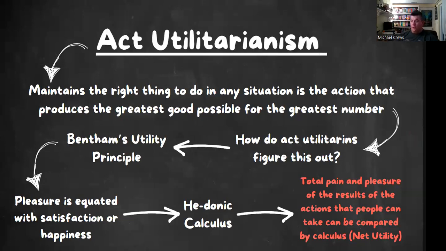Essentially, this is what our chart is doing. We are taking all the people involved in an option, taking all the happiness it creates, subtracting all the unhappiness that it creates, and then seeing what's left over for the net utility. Think of net as after. What you make is your gross pay. The net pay is what you get after the government robs you, right? Takes out the taxes and all that other stuff. Net utility is what's left happiness-wise when all the unhappiness is accounted for.